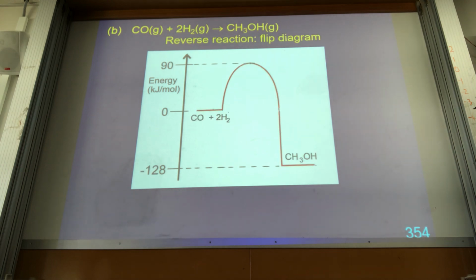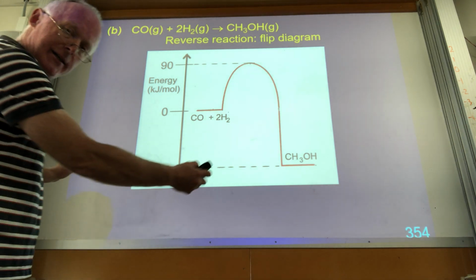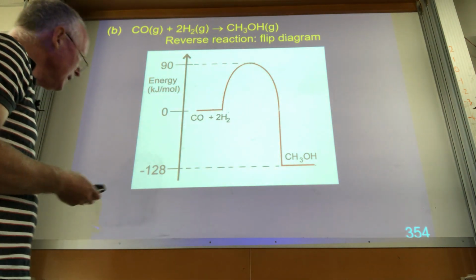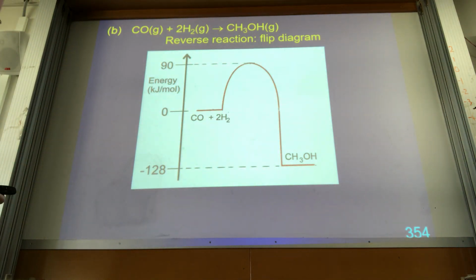Second example, what we've got to do is flip the graph around. So just rotate it simply from right to left. So we rescale the axis. So the initial reactants we always give 0. That means it's going to be 90 up to the top and negative 128 down to the bottom.